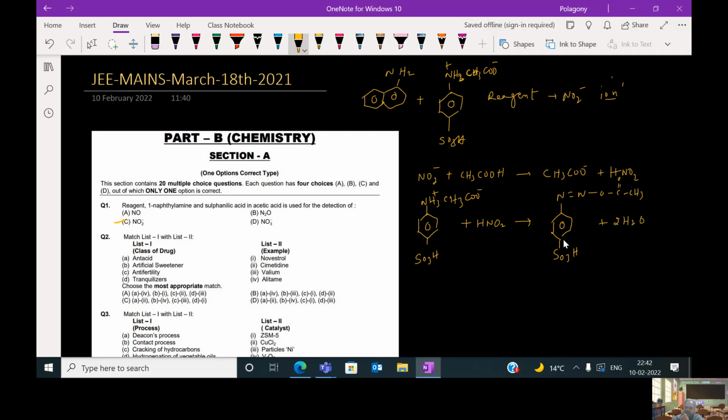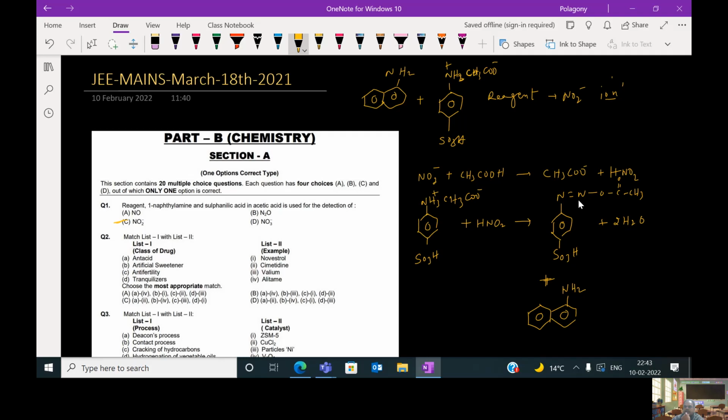So this product is formed, and this product reacts with the second component of the reagent, 1-naphthylamine.